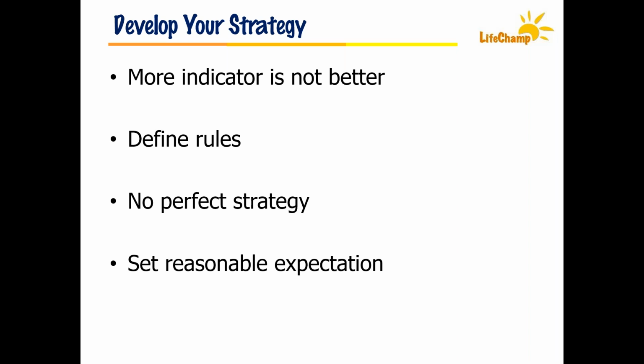That means what is your target percentage return on equity? What is your target profit for a certain strategy percent, or cut-off strategy? So you need to set very reasonable expectations. If you want 1,000 or 2,000 percent in your return for this strategy, you may never find a strategy for yourself.